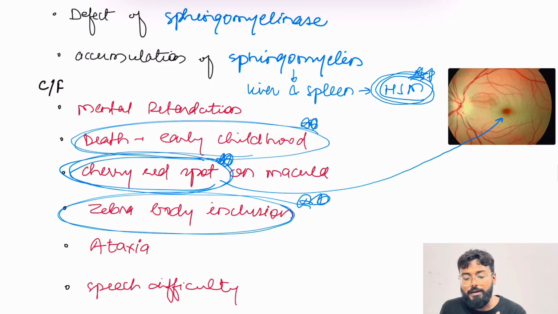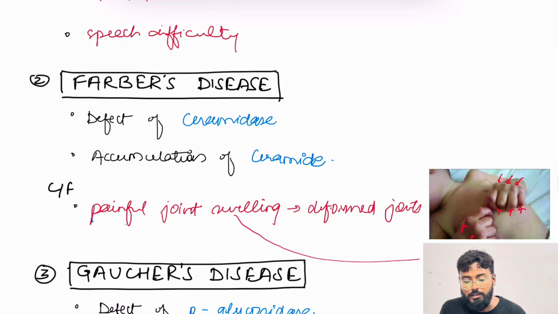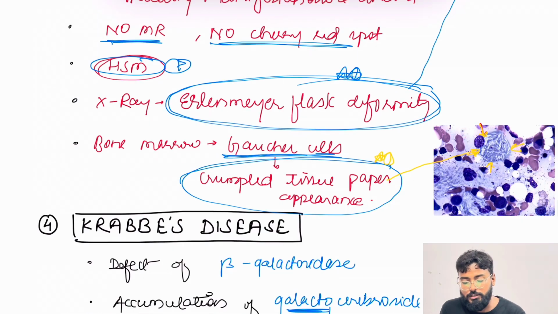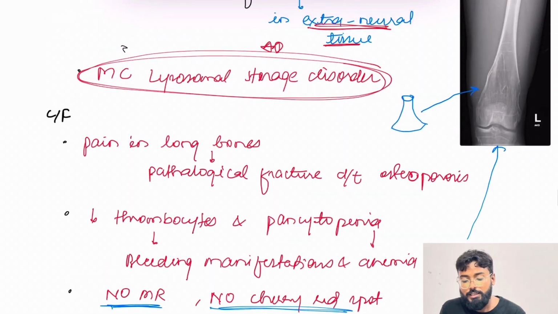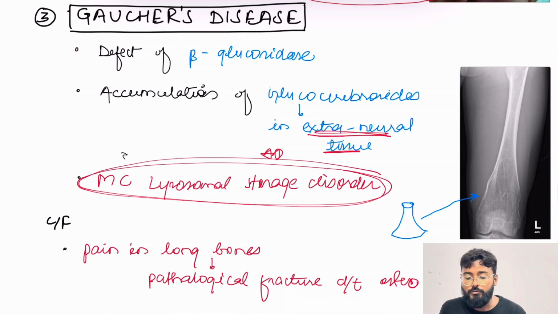So you can combine Niemann-Pick with Farber's, and you can combine Gaucher with Krabbe's, because both of these are because of the accumulation of cerebrosides. One is glucocerebroside, one is galactocerebroside. Glucocerebroside is found in extraneural tissue, and galactocerebroside is found in neural tissue.